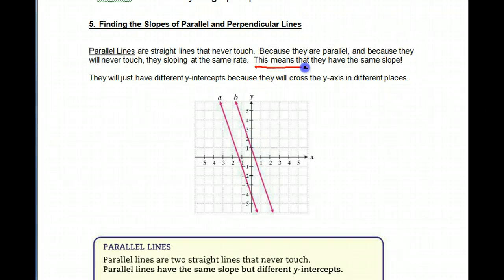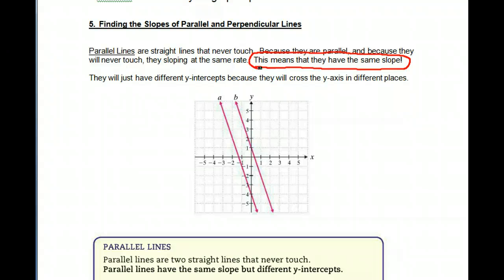This means that they have the same slope. Think about that logically. If they're rising at the same rate, they're never going to touch each other. Their slope is identical. If they're falling at the same rate, they're never going to touch each other. Their slope is identical. The only thing that's going to be different about them is their y-intercepts.